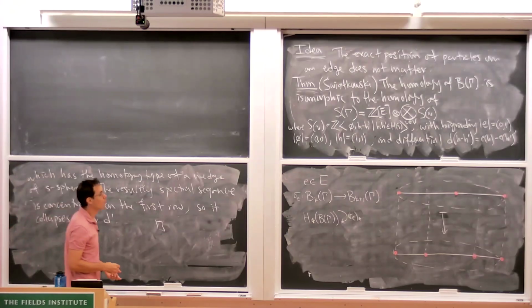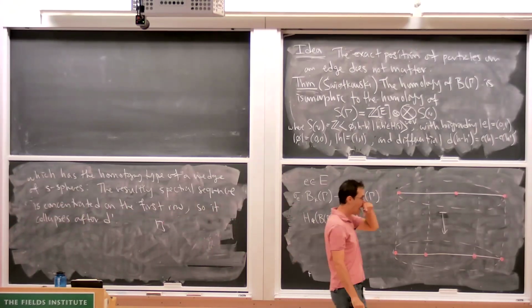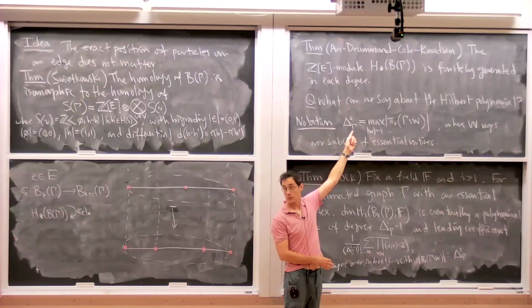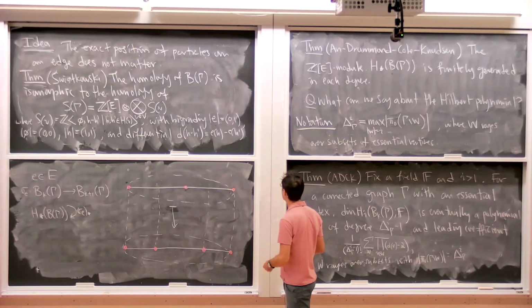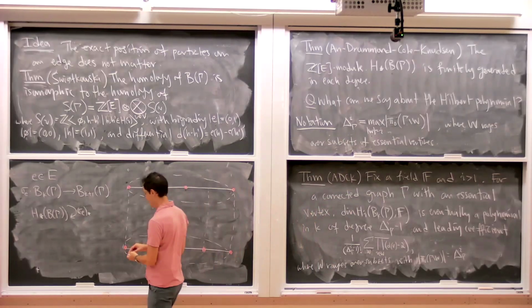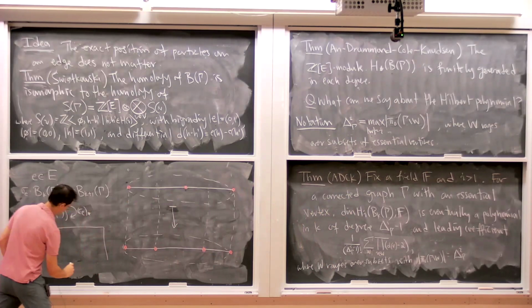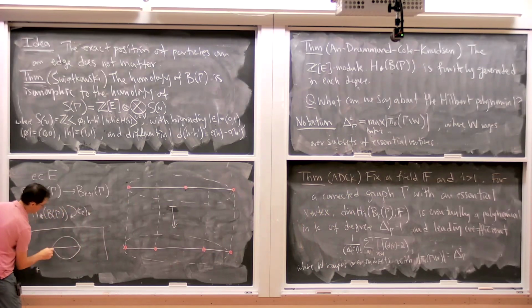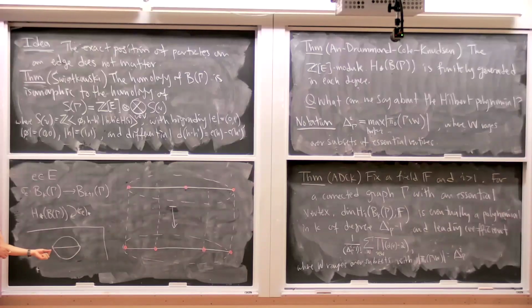Oh, if i is equal to 1, then there's a dichotomy between when delta is equal to 1 and when delta is not equal to 1. So something that can happen is like this graph. Delta 1 of this graph is 1 because if I remove an essential vertex, it's still connected.